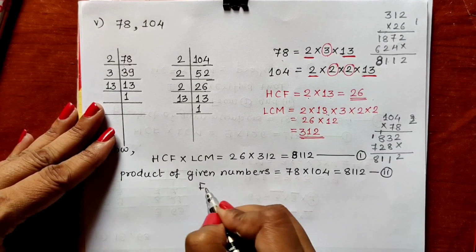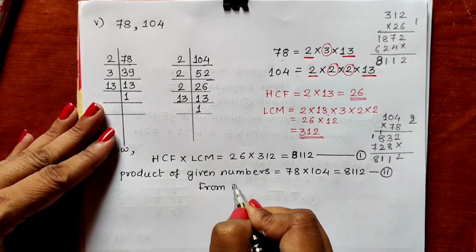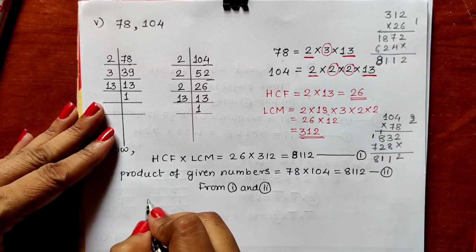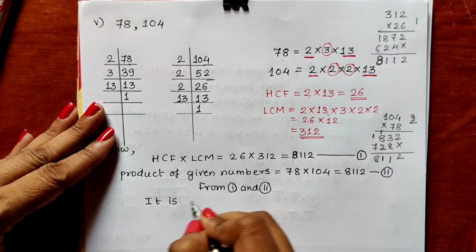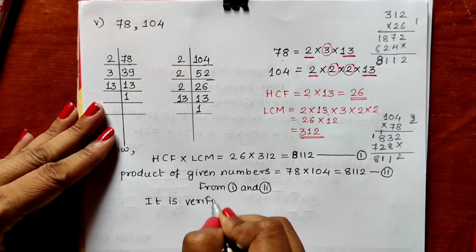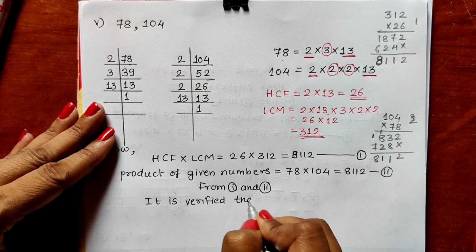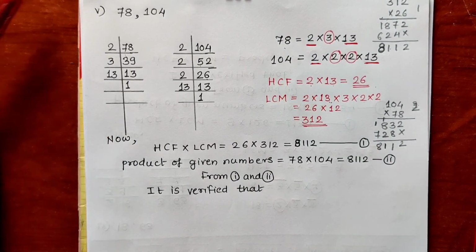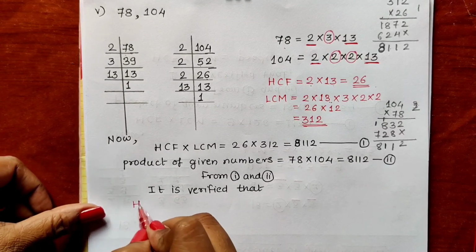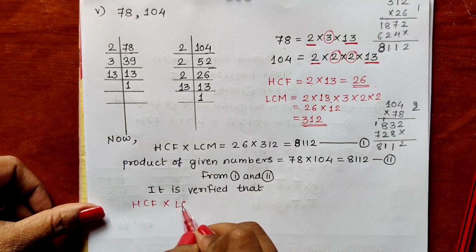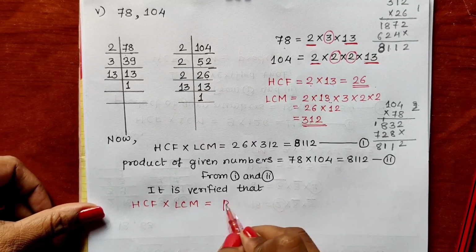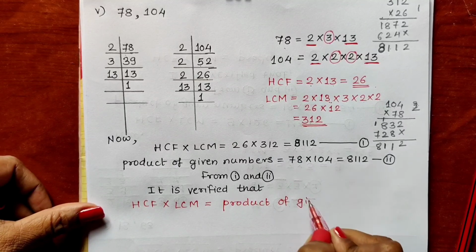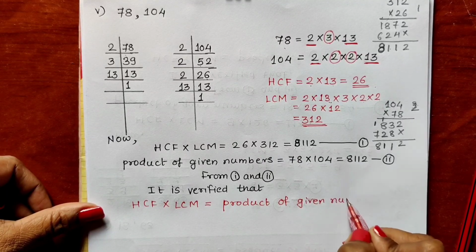So from 1 and 2, it is verified that HCF into LCM is equal to product of given numbers.